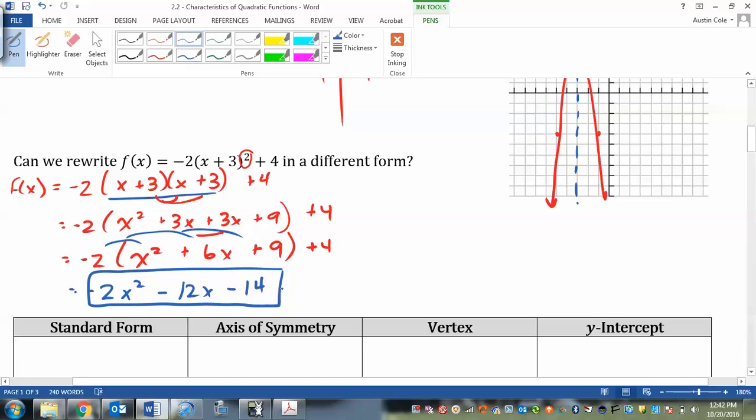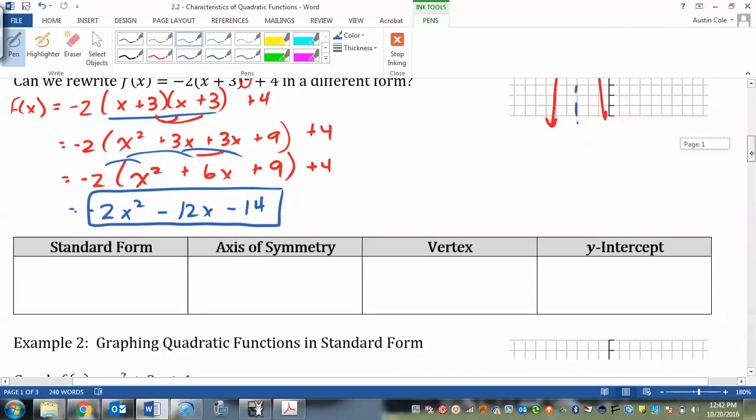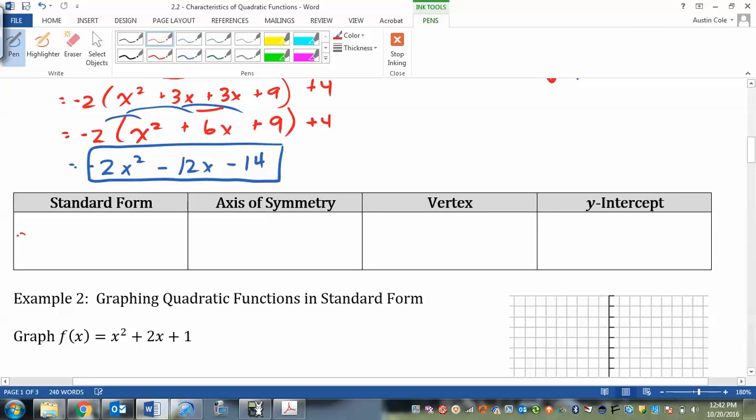What I've done there is I've shown you how you get a quadratic from vertex form into what we now call standard form. Okay? This is a quadratic in standard form. So leading into this next box, standard form looks like this. You're going to have to kind of write small.